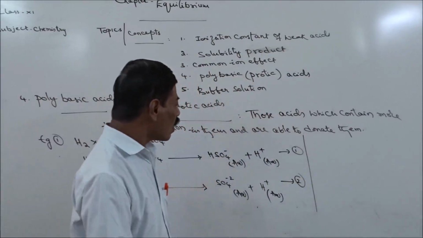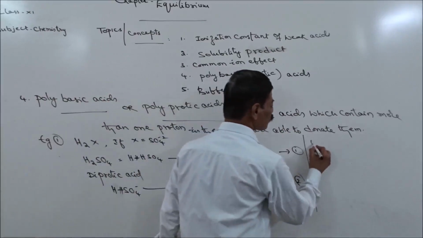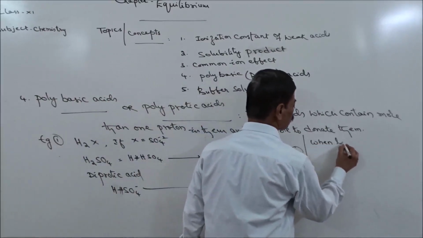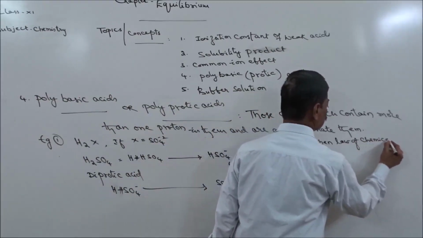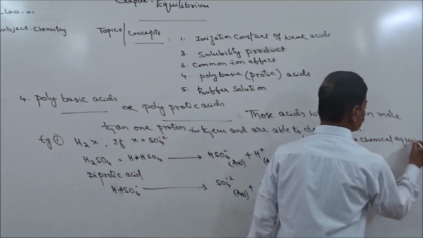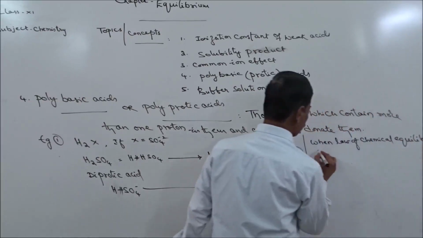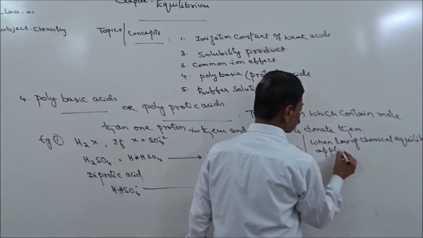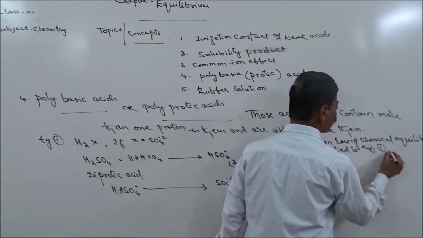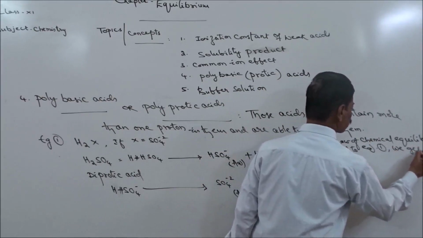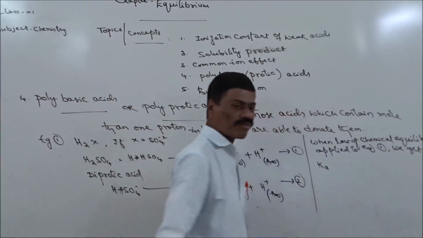So when law of chemical equilibrium is applied to equation 1, we get equilibrium constant of acid, Ka for acid.